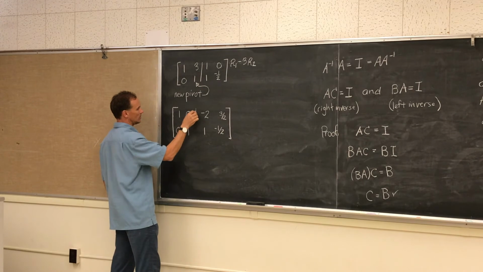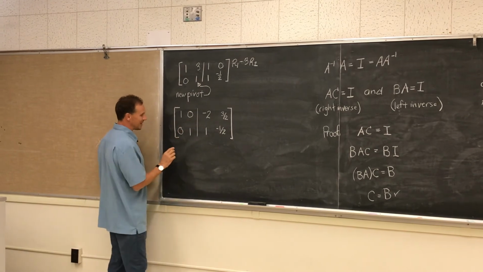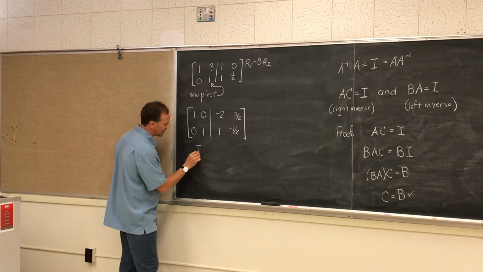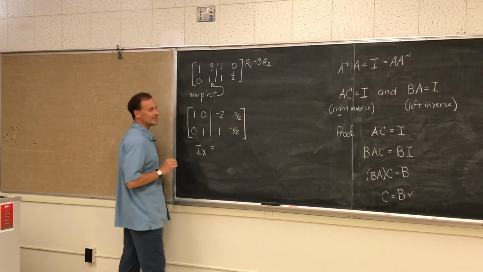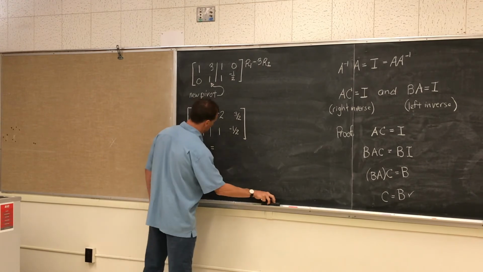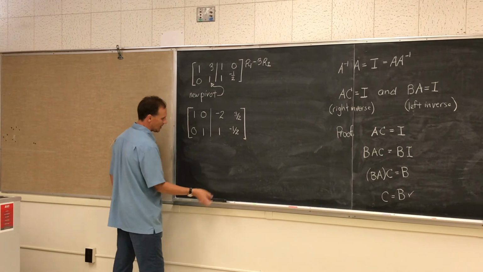Oh, my. Do you see what we just did? Isn't that amazing? You may not see it, and that's okay. On the left-hand side, I have I. And on the right-hand side, or actually, let me write it this way. I've solved this.